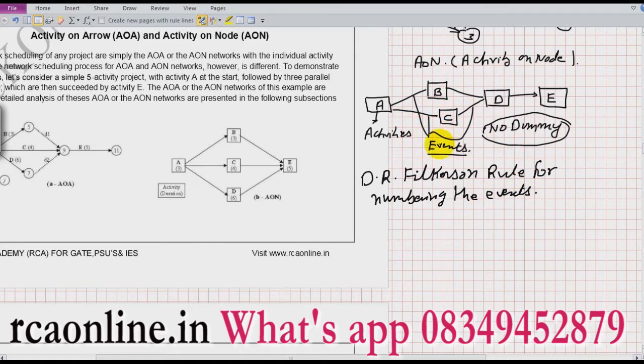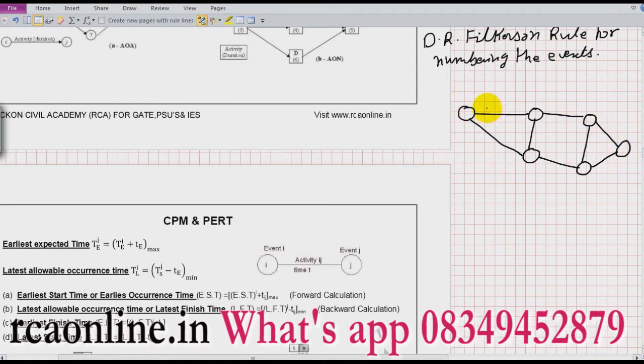So what it says that, now let us say one network which is having A, B, C, D, E, F, G and H. I have these as a network.